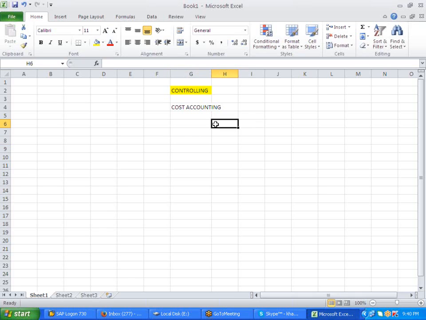Basically, I know nothing on that side. Okay. All right. Ahmed, cost accounting, can you brief me on that? Like what Muhammad said, we call it managerial accounting, and we can use it to calculate the direct cost, indirect cost, and also the cost of the material and the cost of the product.